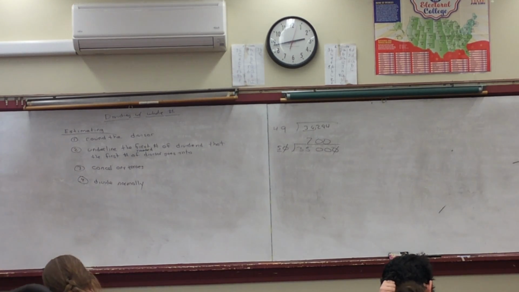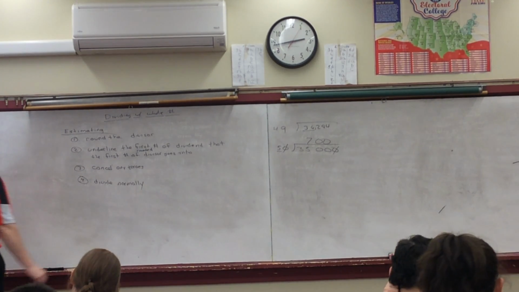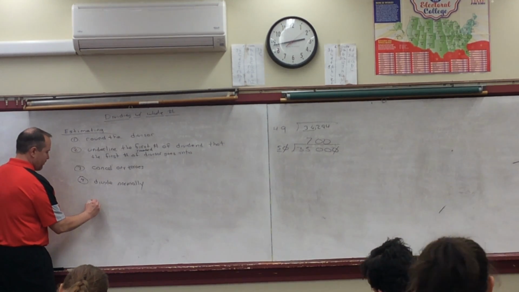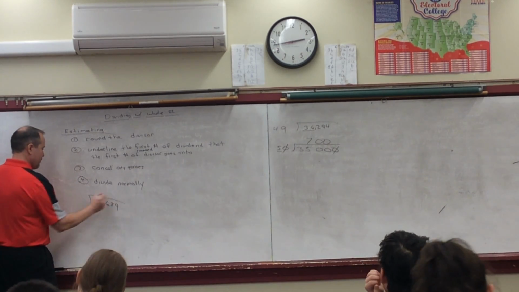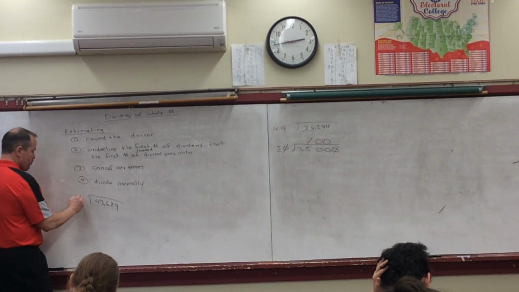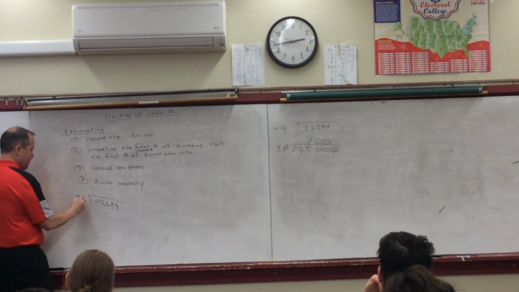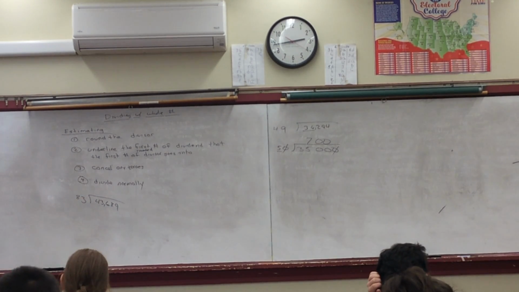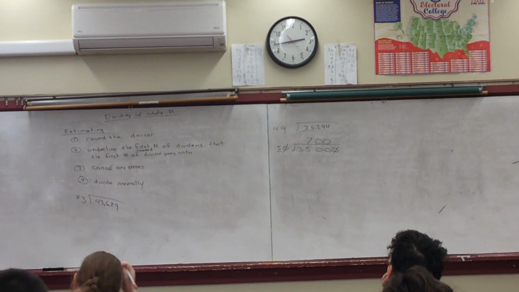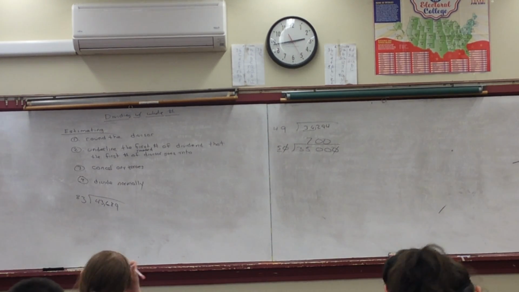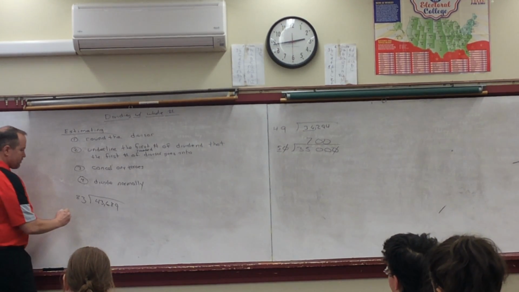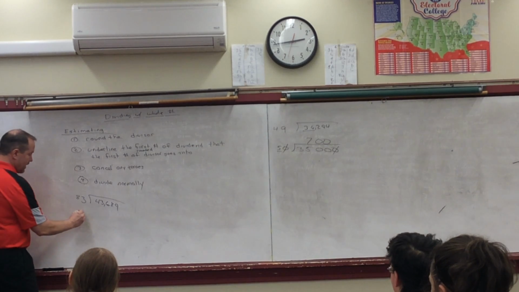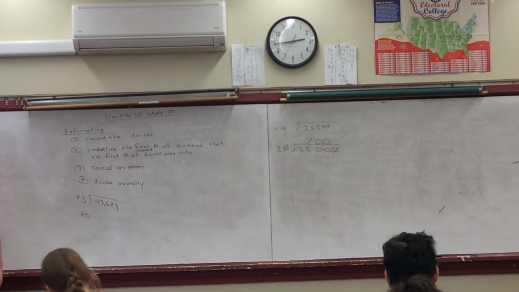Okay? Let's put an example right underneath that. 43,689 divided by 83. So Blake, what's the first thing I'm going to do? Round the divisor. 83 rounds to 80. The next thing I'm going to do is what?